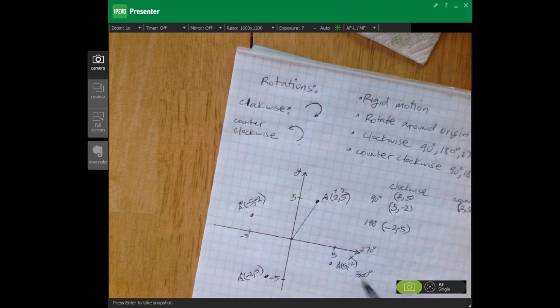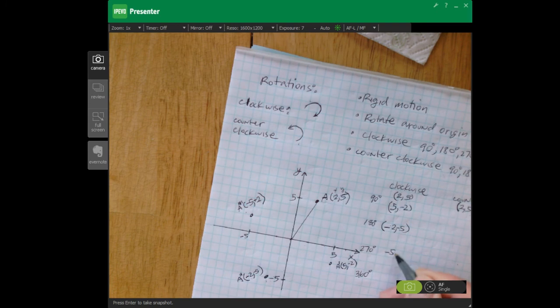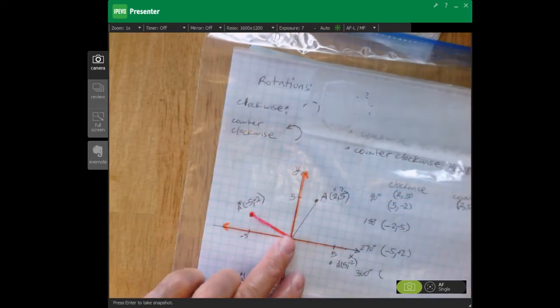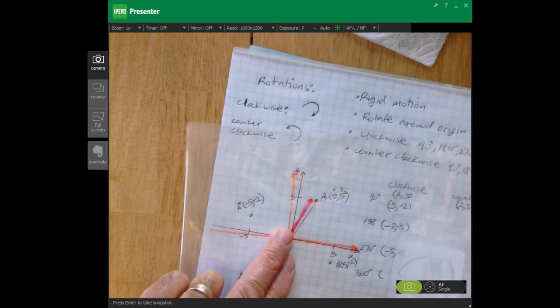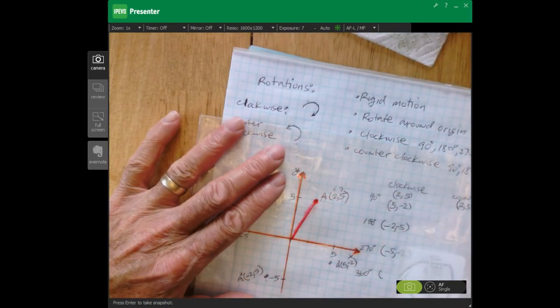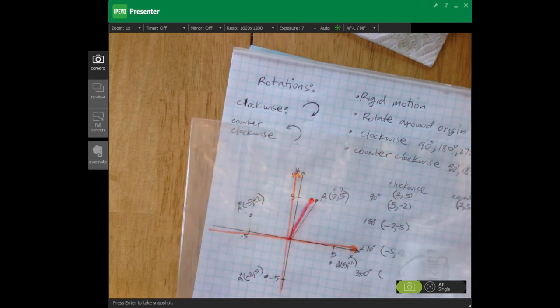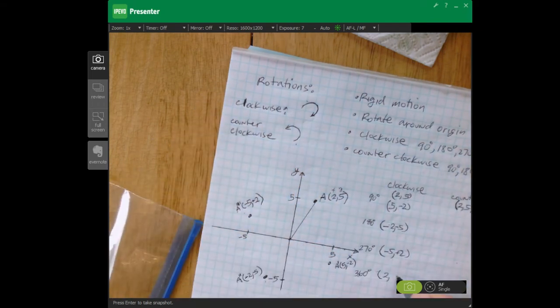The 270, we got -5, +2. And then finally, the last one, we go like that, and we get back to where we started. That's 360 degrees all the way around, and we're back to 2, 5.